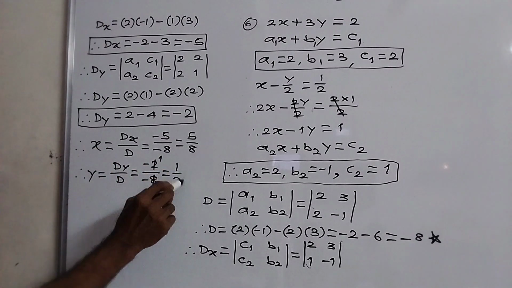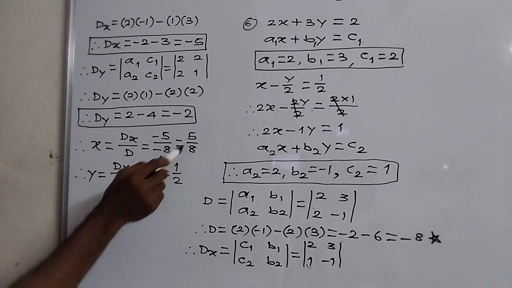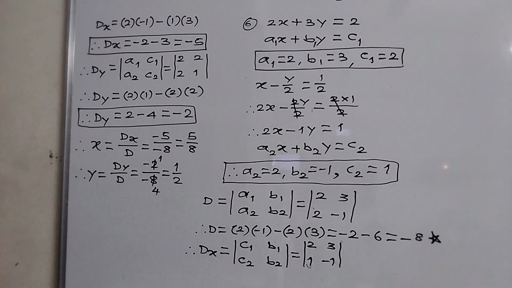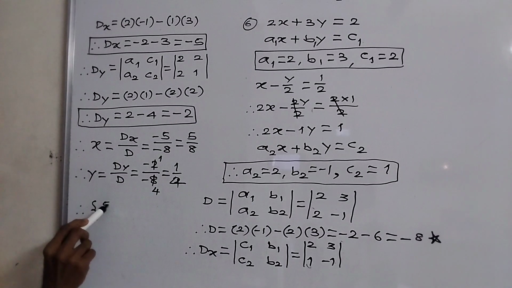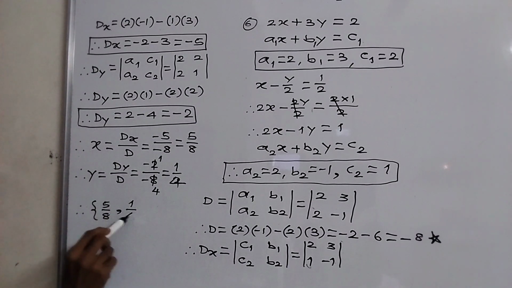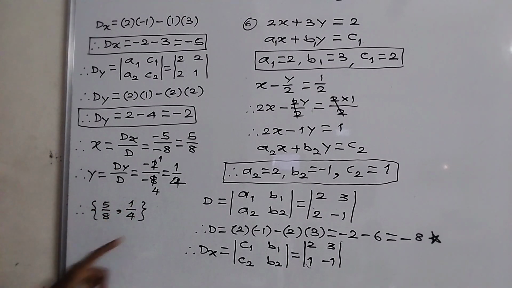So for our x and y, we have got here 1 upon 4. Therefore, the solution, alphabetically x first, then y, means 5 upon 8 and 1 upon 4. These are our values.